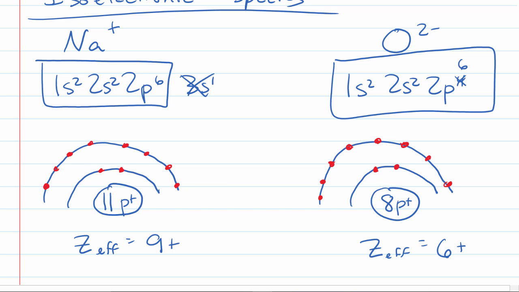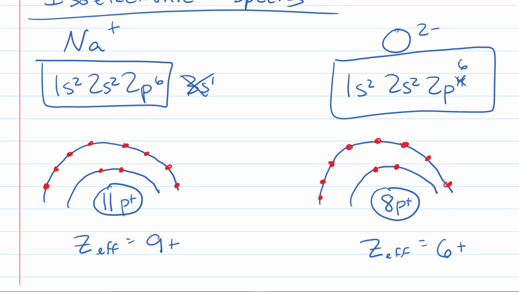Okay, so now, since this is a 9 plus and this is a 6 plus, if we now have to compare these two isoelectronic species with each other, which one is going to be smaller? Start looking at them. What do opposites do? They attract each other.